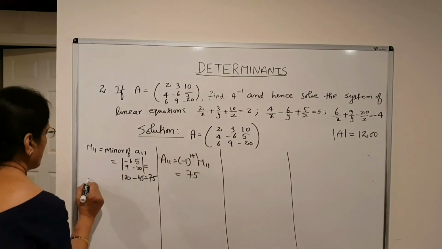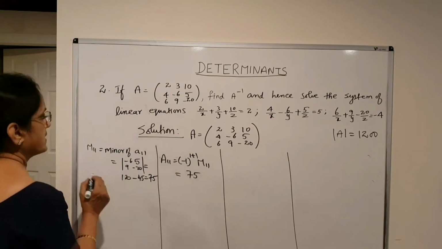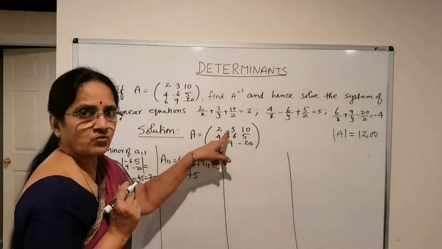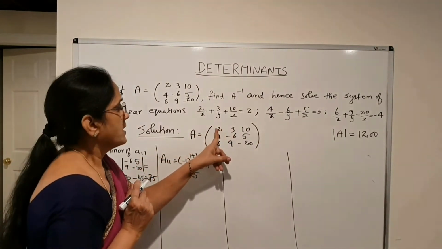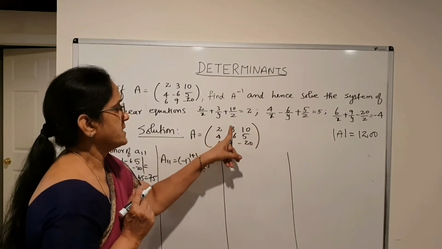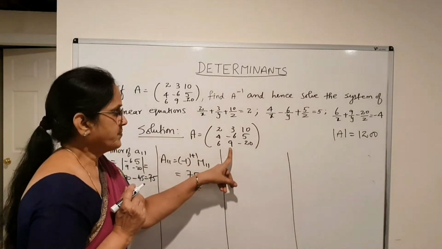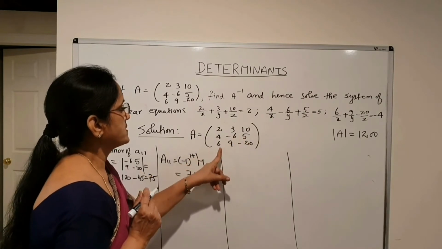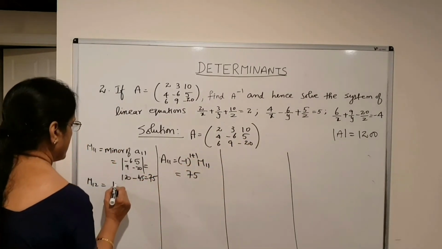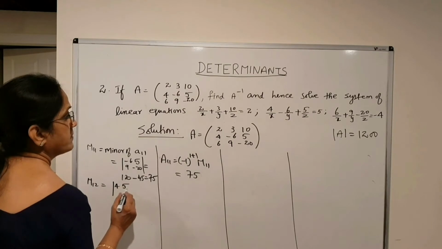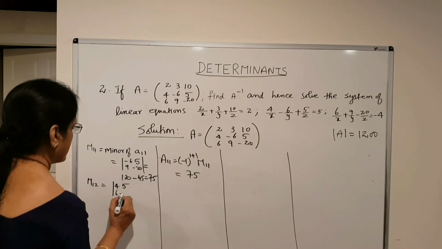Coming to M12. That is the minor of A12, which is 3 over here. Now, leaving the first row and second column, I will be getting the determinant of 4, 5, 6, minus 20.